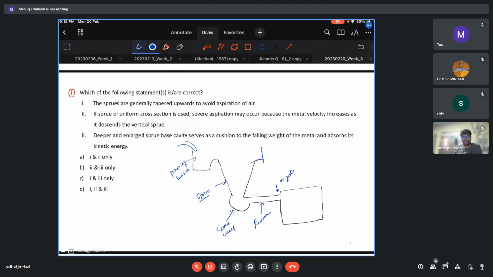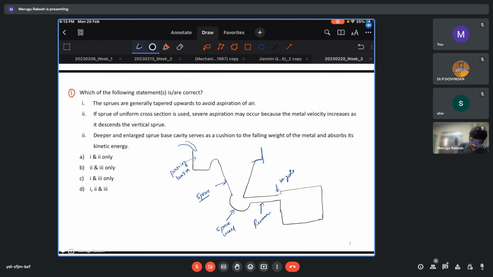Let me read. Which of the following statements are correct? The first one is: the sprues are generally tapered upwards to avoid aspiration of air.